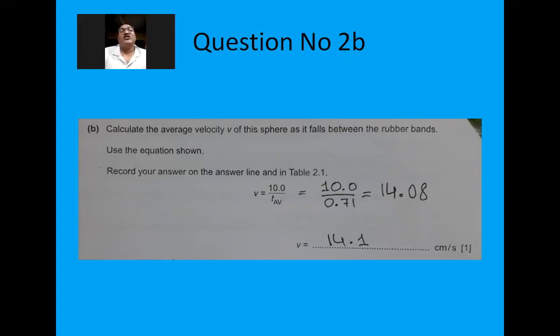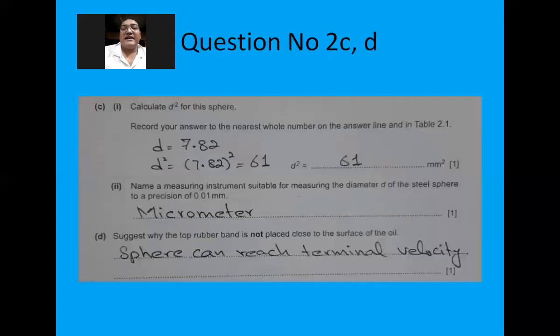The velocity will be 10.0 divided by t average. The t average value in our previous part was 0.71. So 10.0 divided by 0.71 will be 14.08, which is equal to 14.1 centimeter per second. So that's the B part, and let's move to the next part.